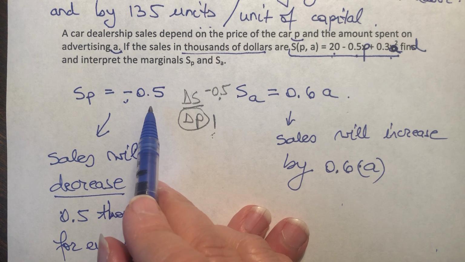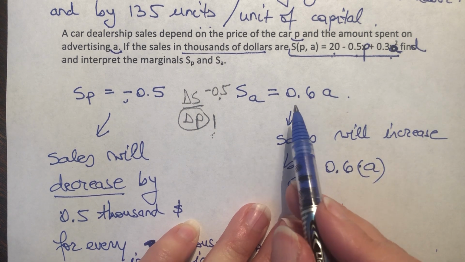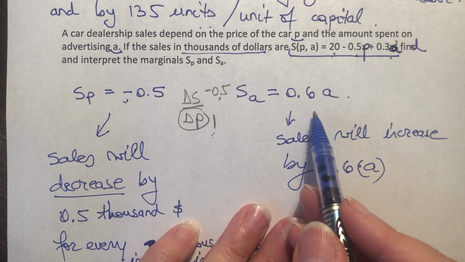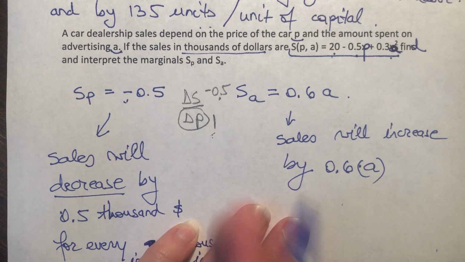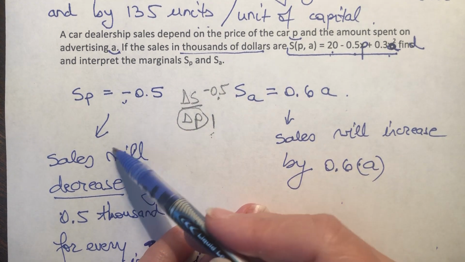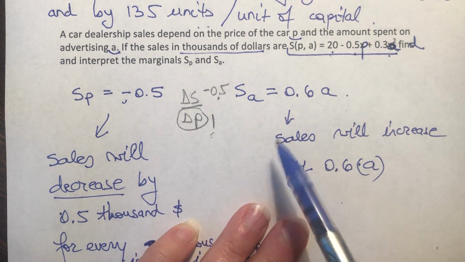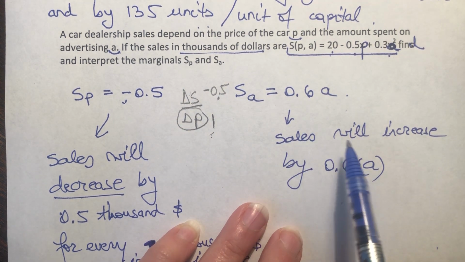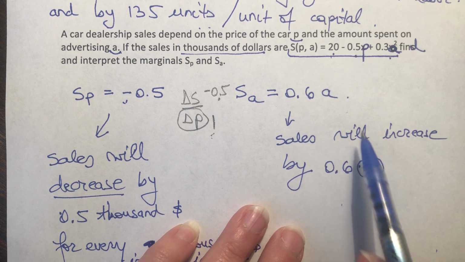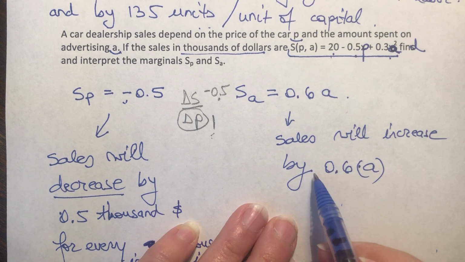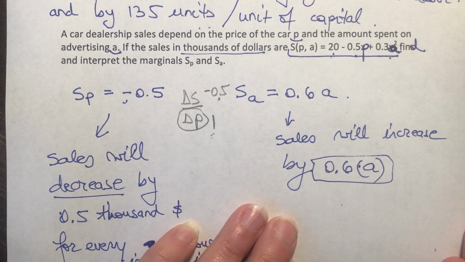It's a constant. This is a constant change, just a line, basically, one that goes down. This one's changing depending on the A. So whatever value we would have plugged in, this will be 0.6 times that value.